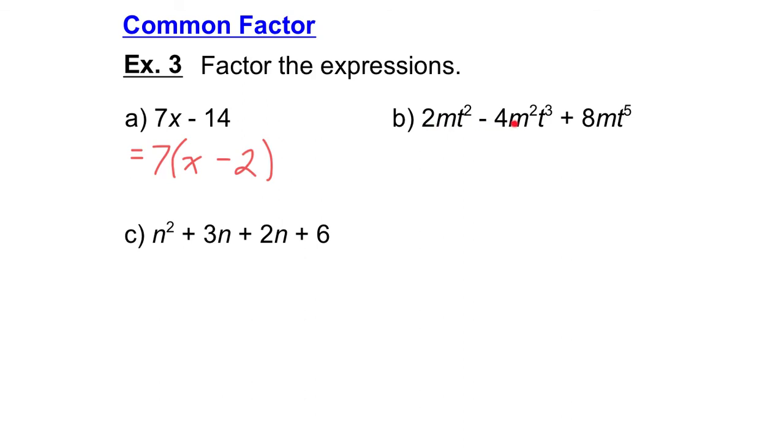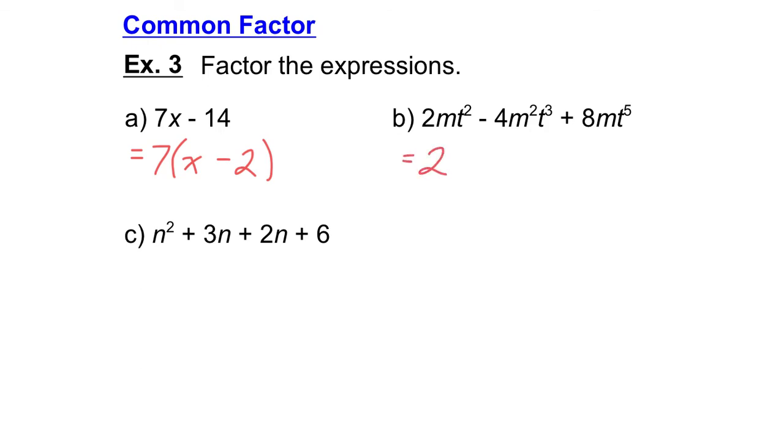It's more complicated when you have more than one term and more than one variable. You've got exponents on the variable, but the principle is the same. Look at the coefficients, 2, minus 4, and positive 8. So what's the greatest common factor of 2, 4, and 8? Well, they're all divisible by 2.